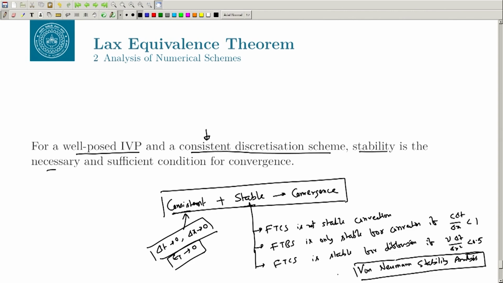Although I must tell you at this point that all these stability analyses that we will be discussing in the next few classes are only done for linear schemes. So, you might be disappointed, because the equation that we are trying to solve is a non-linear problem.